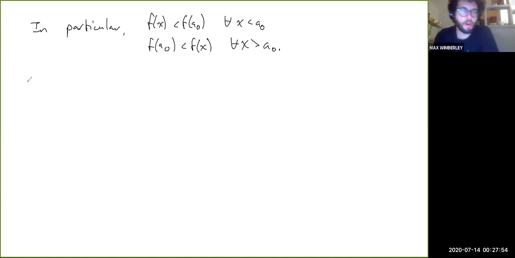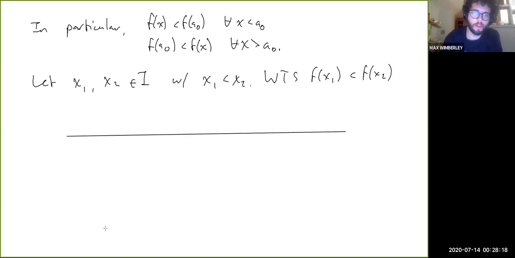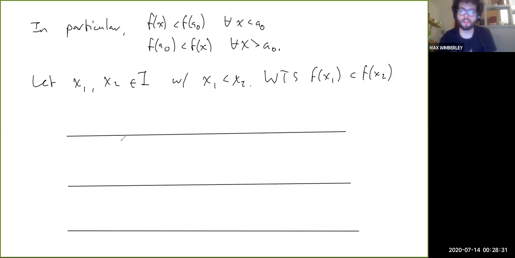Okay, so now let x1, x2 be in I with x1 less than x2. We want to show that f of x1 is less than f of x2. I'm going to just draw a picture here. There are like three cases, I guess. It's the same logic as before.